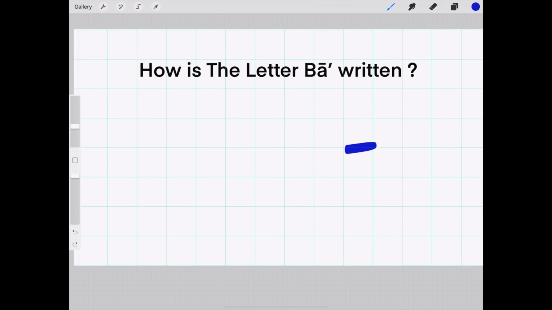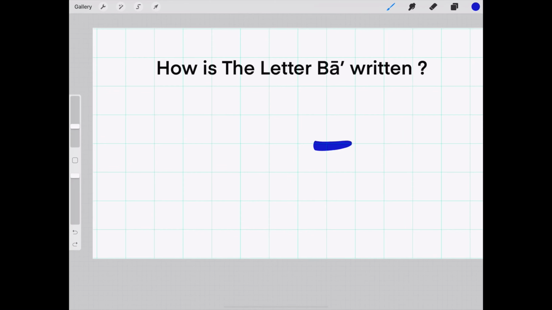You could write it like this. What if it is at the end of the word connected to the letter before that? Sounds acceptable. Be inventive, be creative, and enjoy the course.